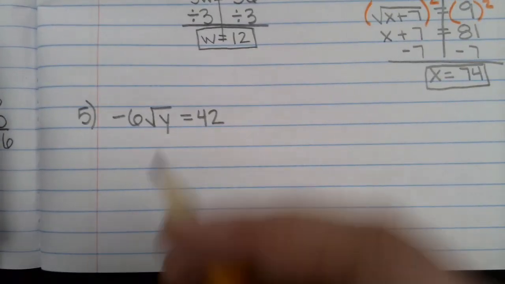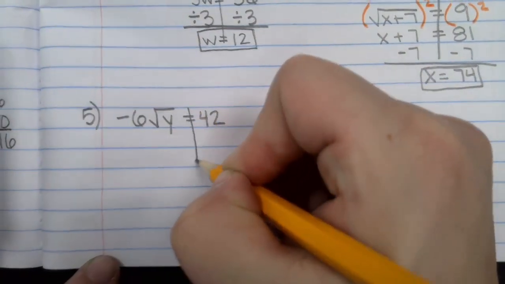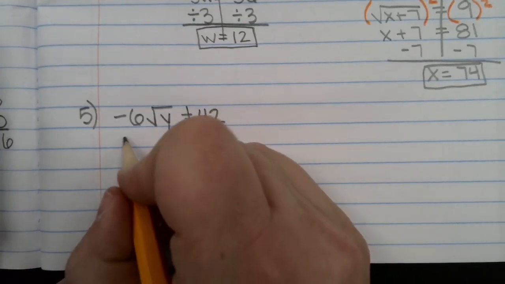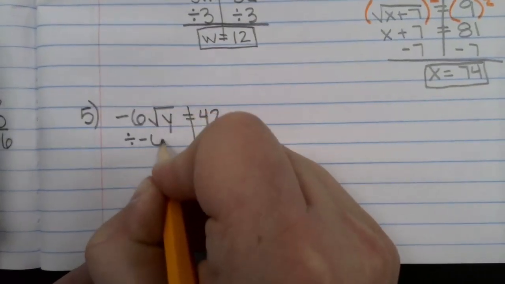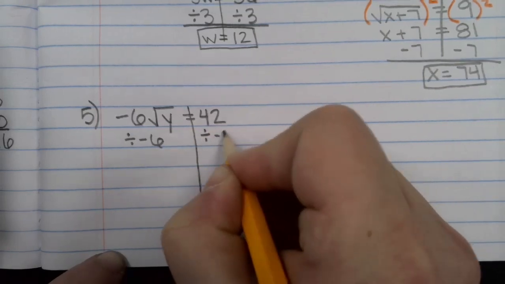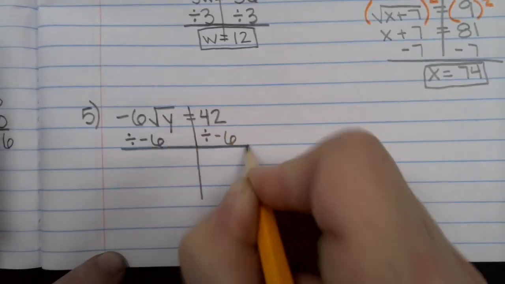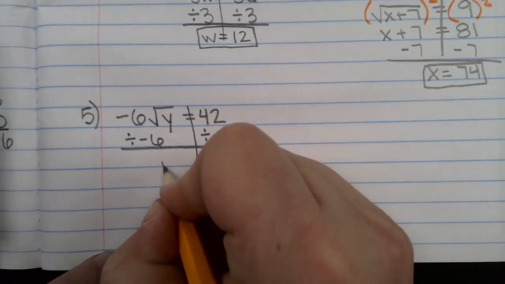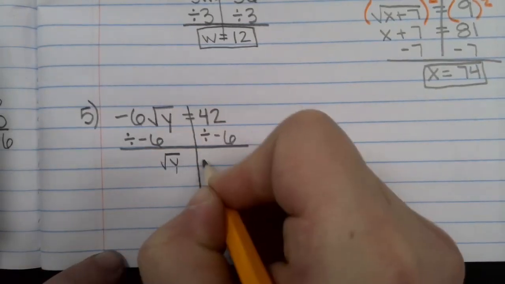All right, and to undo this negative 6, they're touching, so that means multiply. And to undo multiply, divide. So now we have square root of y equals, what's 42 divided by negative 6?